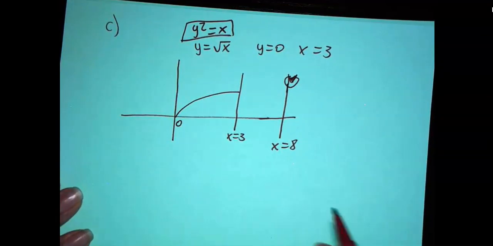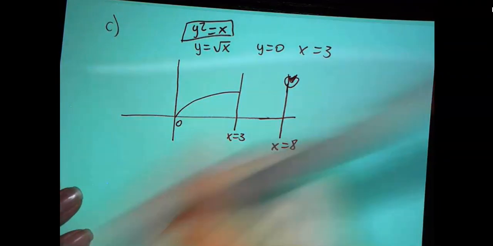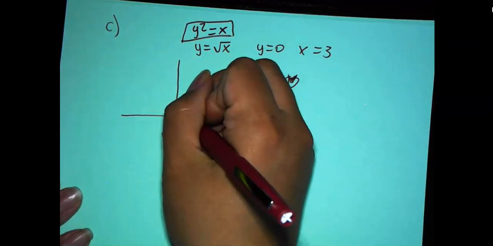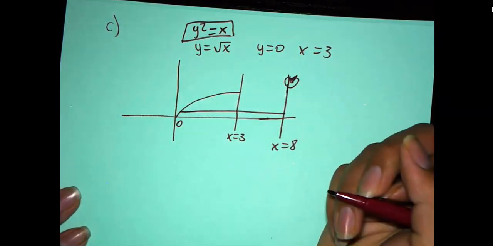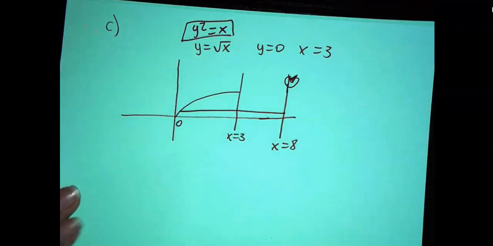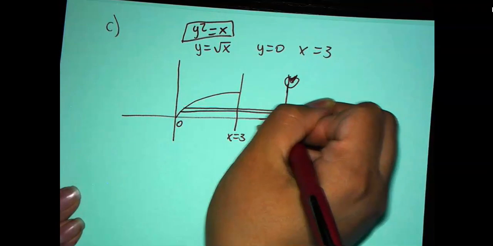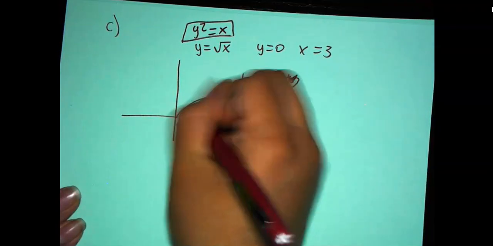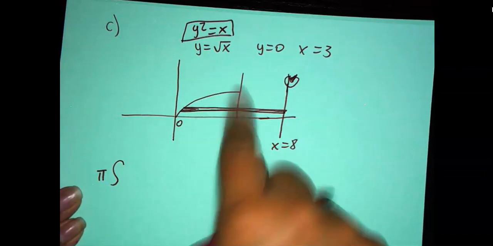Okay, so what we do, remember, we're rotating it this way. So we're going to be doing from here, the bigger radius from here to here. Okay, that will be my bigger radius, right? My big radius. Okay, don't forget the pi. The height is the same.